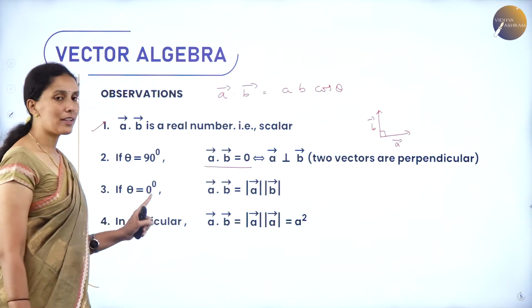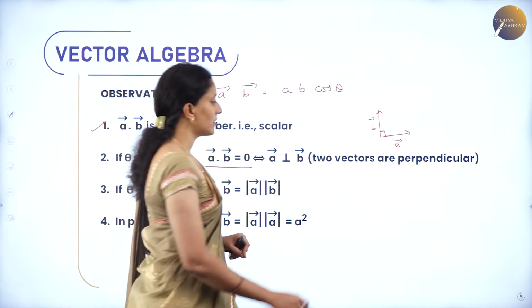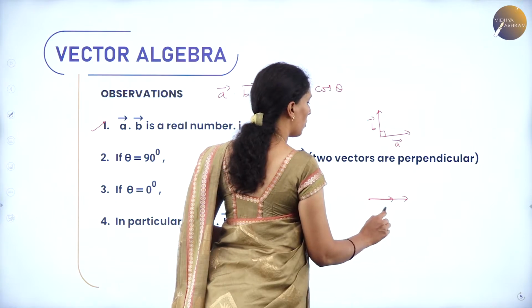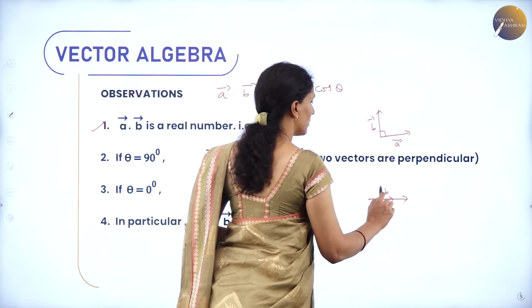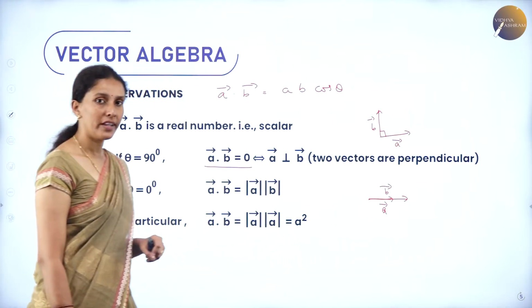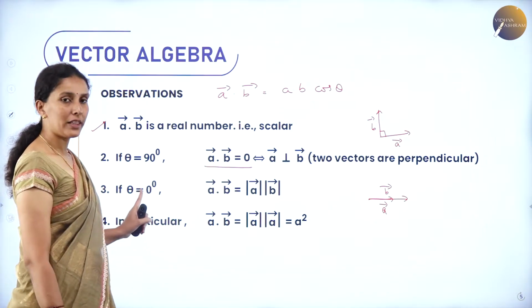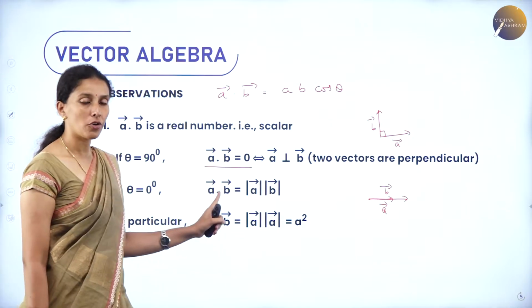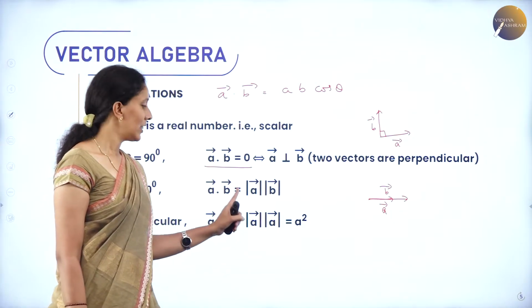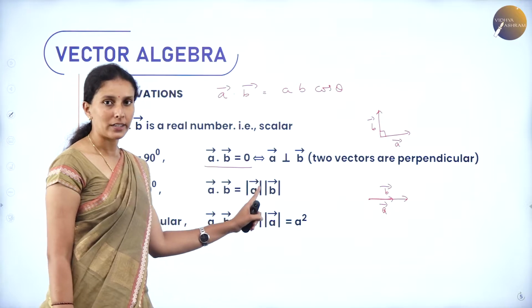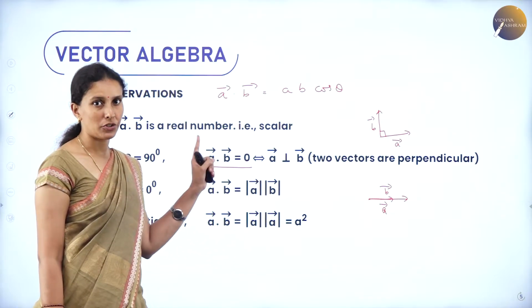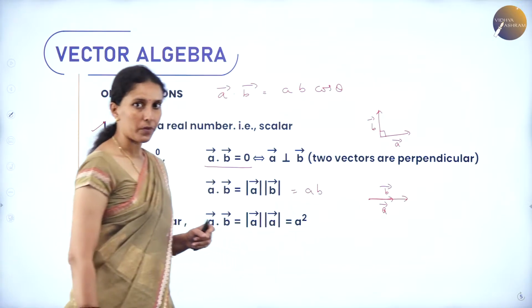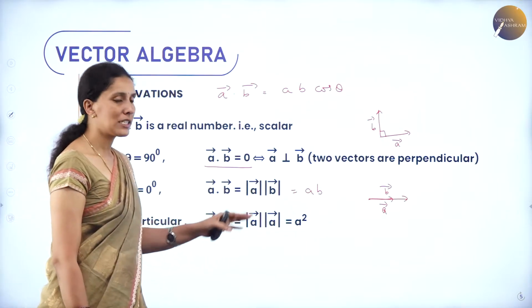Now, if theta is equal to 0 degrees, that is, vector A and vector B both lie along the same line or coincide, then the angle between them is 0 degrees. So cos 0 is 1. Then the dot product of the vectors is just the product of their magnitudes. We can just write it as A into B. So A dot B here is just AB.